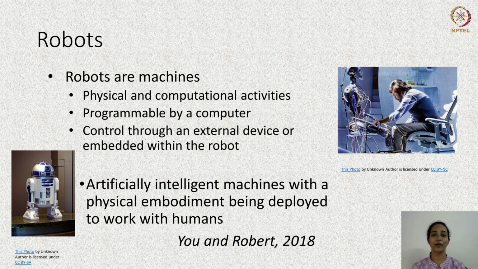We can control them through the presence of a computer placed within the body of the robot or by connecting a computer to the machine through a cable or through wireless. So, to recap, robots are machines which have physical presence and computational capability. Usually, they have a computer embedded in their body or controlled by an external device.